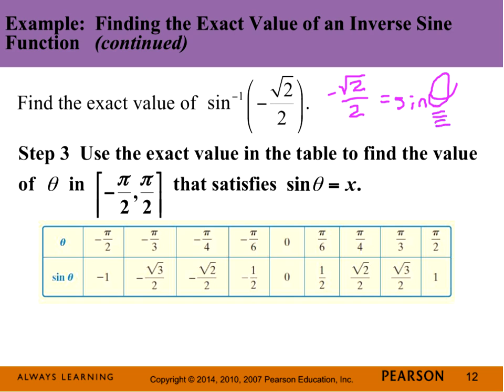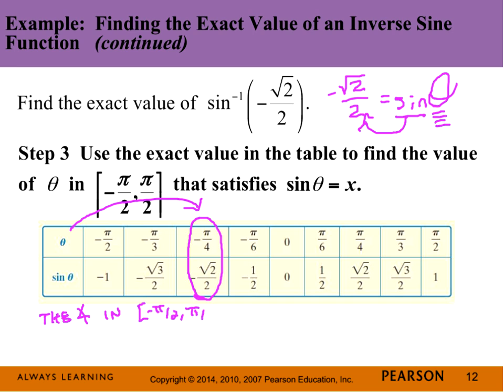Okay, so just as a reminder, we had negative square root 2 over 2 equals the sine of theta. So what we're looking for is the angle theta that, when we take the sine of it, gives us negative square root 2 over 2. So if we look right here, the sine of theta is negative square root 2 over 2 when theta is equal to negative pi over 4.